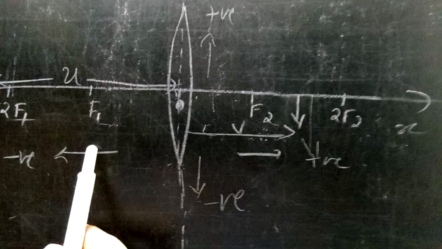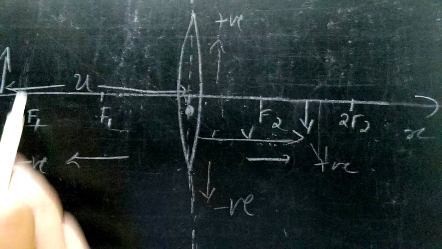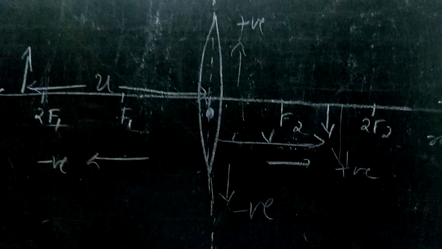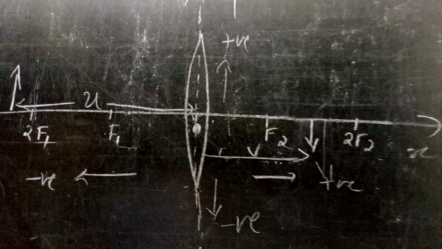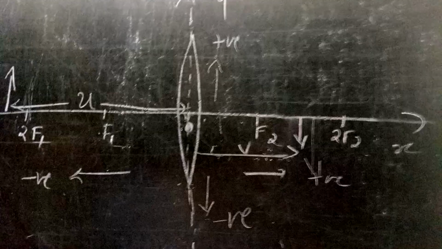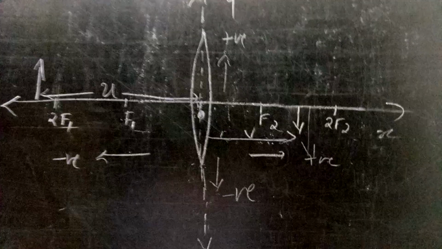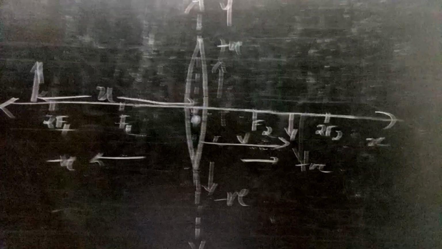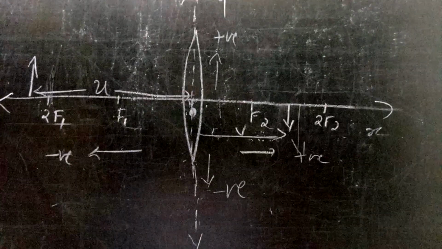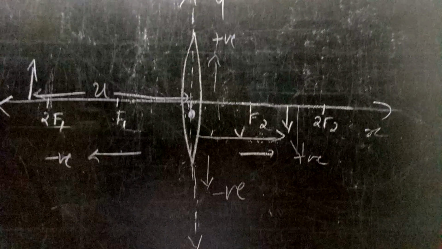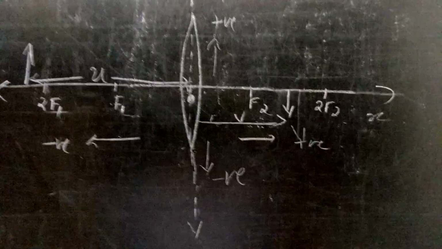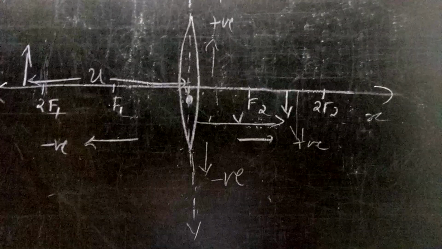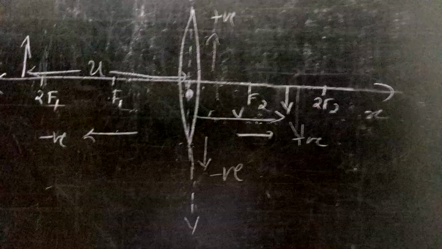But when the object is between F1 and O, the image will be formed on the same side and it will be virtual, so in that case it is positive. Is it clear? So based on the position of the object and image, we have to apply the sign convention. If the measurement is towards left, it is negative, towards right it is positive, upward positive, and downward negative. All the measurements are taken from the origin.